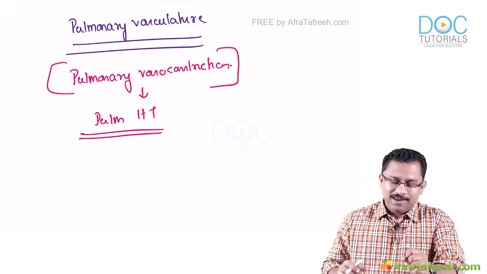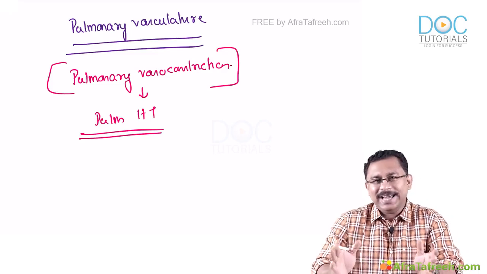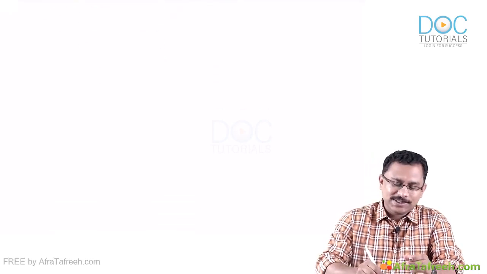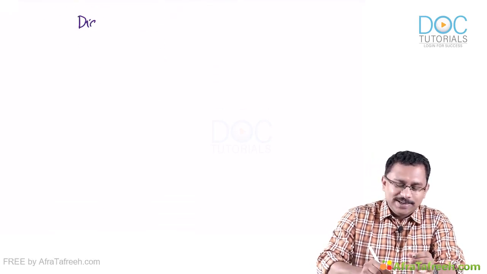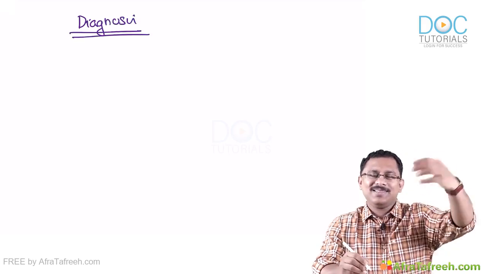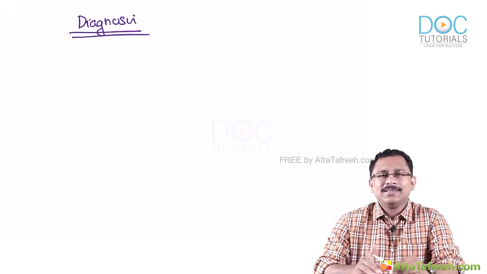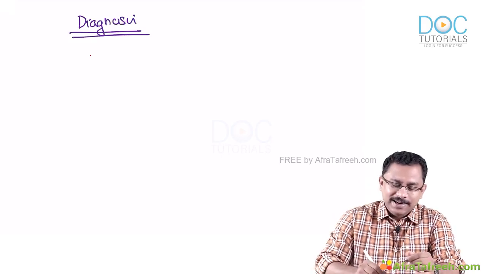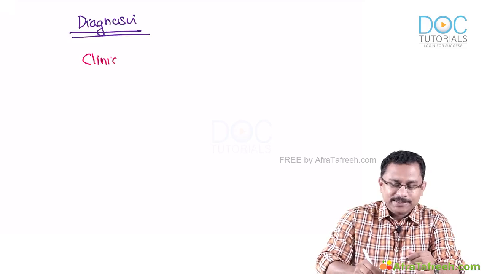Okay. Now, having understood what is happening here in ARDS, let's try to come to the diagnosis. So let's try to diagnose ARDS. We have understood the etiopathogenesis. See, for diagnosis of ARDS, first of all, you have got to have a clinical setting of ARDS.